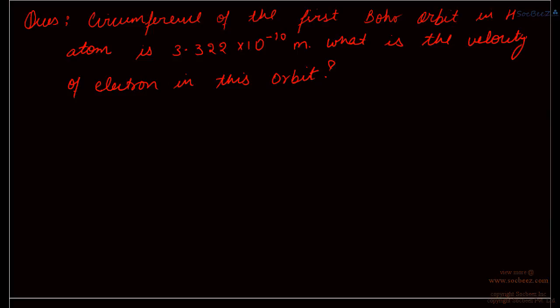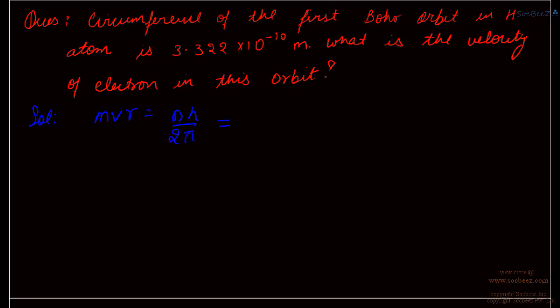The question says that the circumference of the first Bohr orbit in the H atom is 3.322 into 10 raised to the power minus 10 meter. What is the velocity of the electron in this orbit? If we consider the Bohr model, we know that mvr equals nh upon 2 pi.